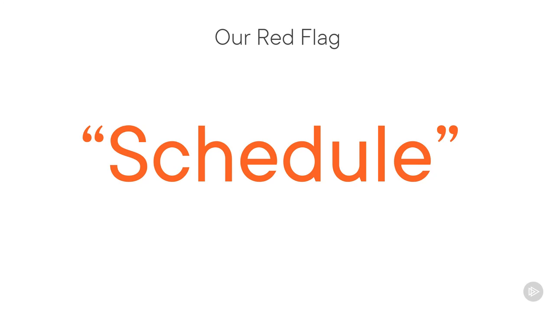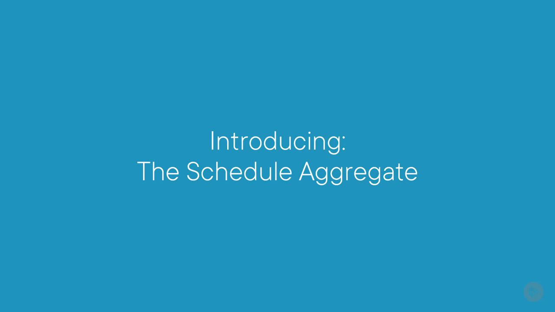Right. In this case, the whole thing that the user is interacting with is the clinic schedule, but nothing in our original model referred to the schedule itself. Since some of our business rules, like what to do with appointments that conflict, only make sense at this higher level, it made sense to introduce a change to our model, the schedule aggregate.